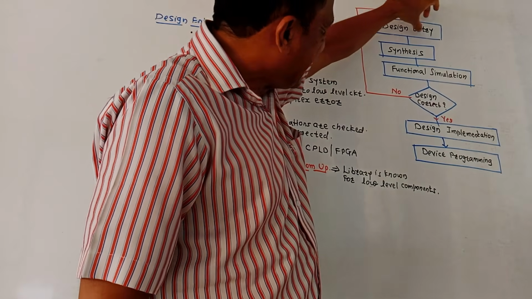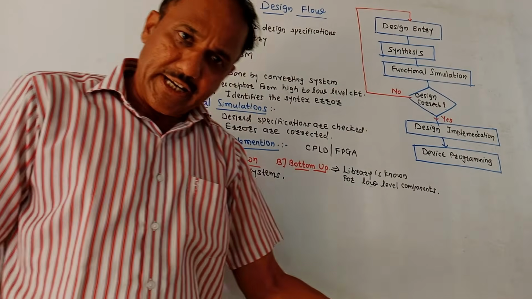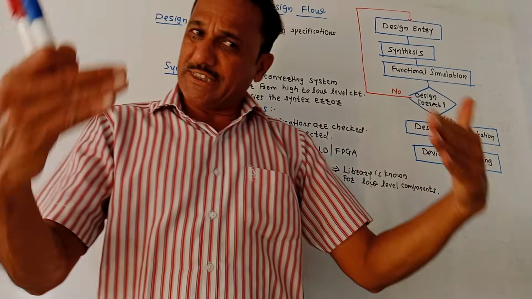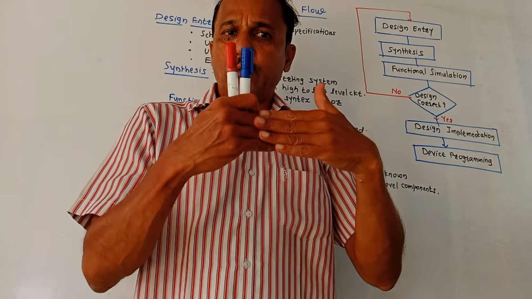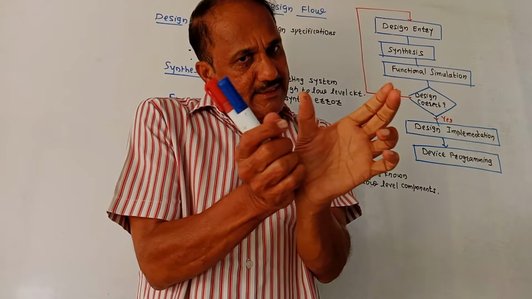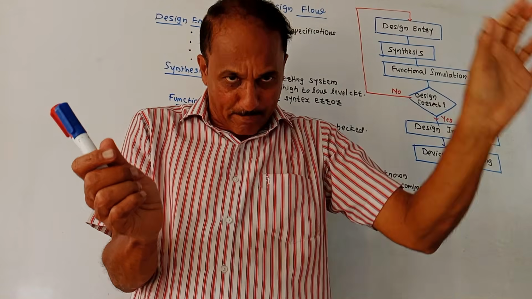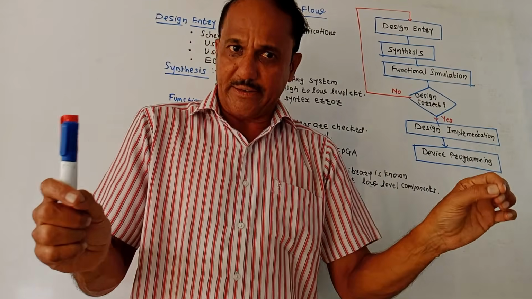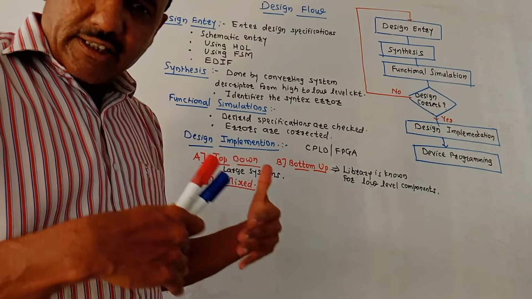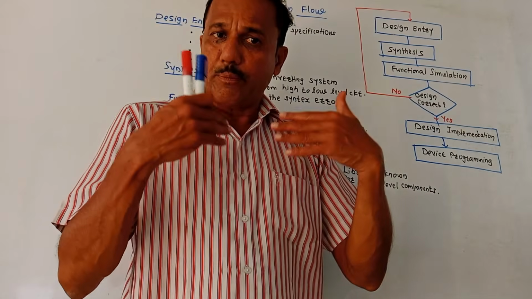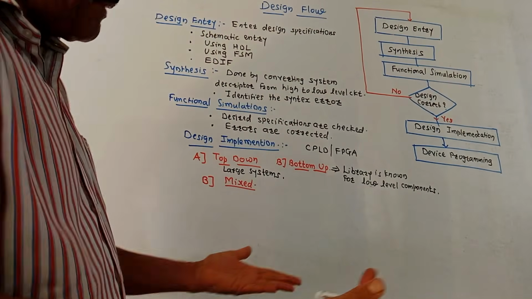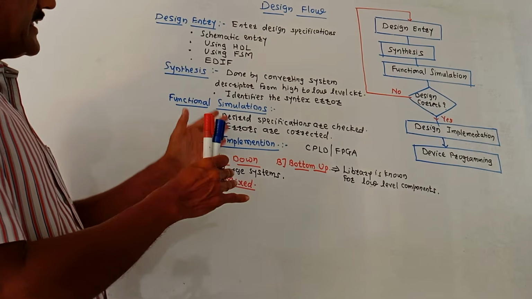First block is design entry. As the name indicates, we have to enter the specifications of the thing that we want to design. I mean, these are the things related to the particular application that we are going to design. So you can enter the design specifications by using your personal computer, or there are other methods of entering the design specifications.